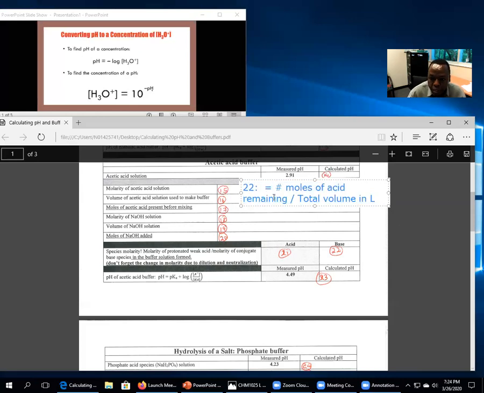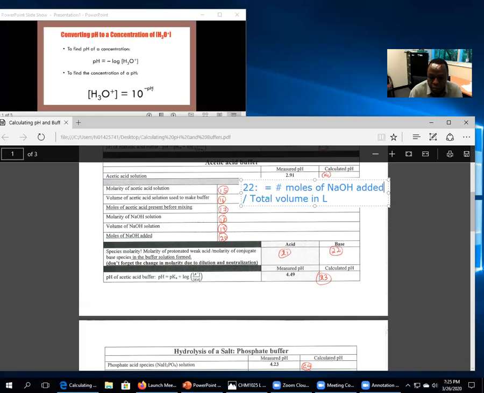And in this case, it will be the number of moles of NaOH added. The number of moles of NaOH added is the same as the number of conjugate base. It's just a direct way of looking at it.